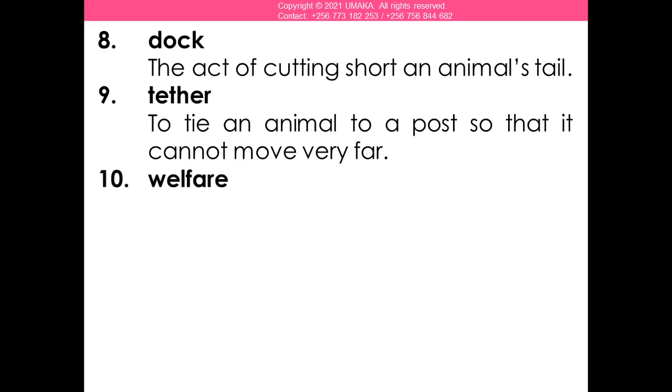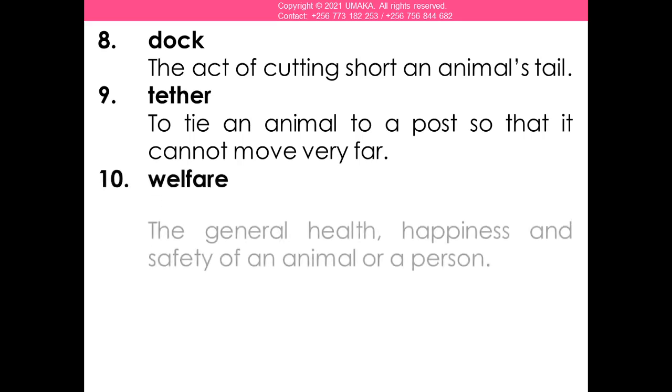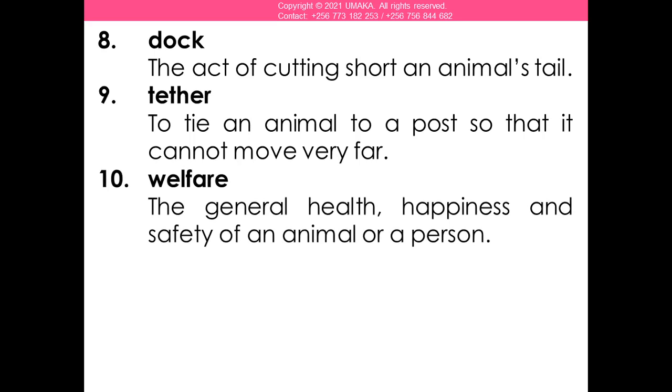We have welfare. When we talk of welfare, we are referring to the general health, the happiness, and the safety of an animal or a person. Animals need good welfare. Animals need care like human beings. So how will they have good general health?